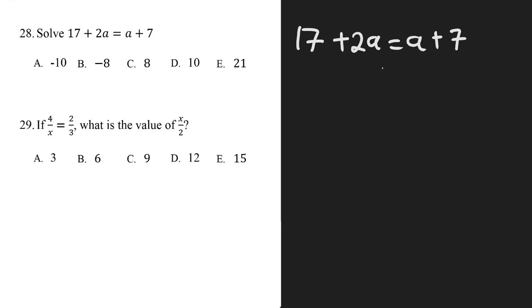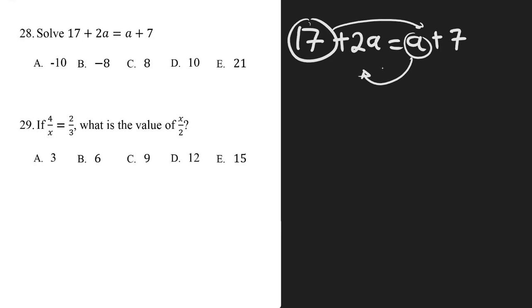And remember, whenever a number or an alphabet crosses the equality sign, if it is positive, it will change to negative, and if it is minus, it will change to plus. So let's move this 17 to this place, and this a to this place.